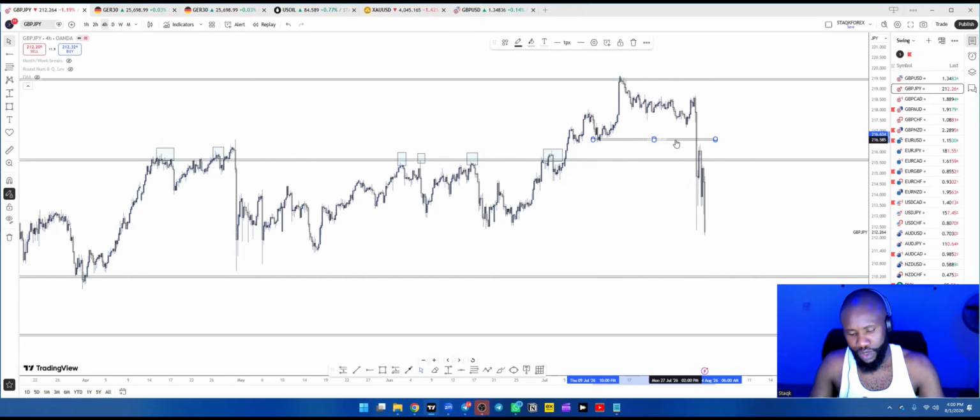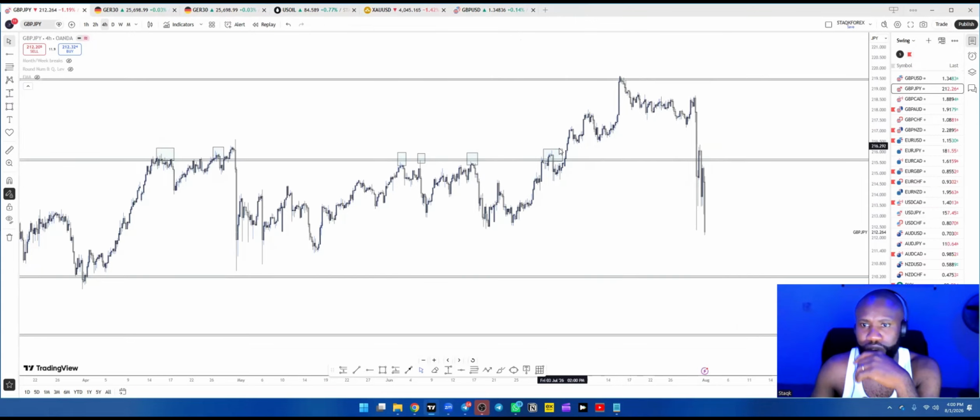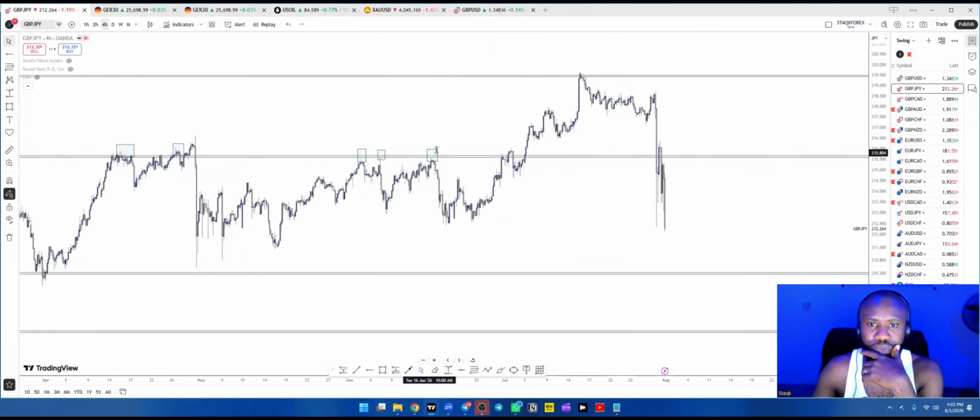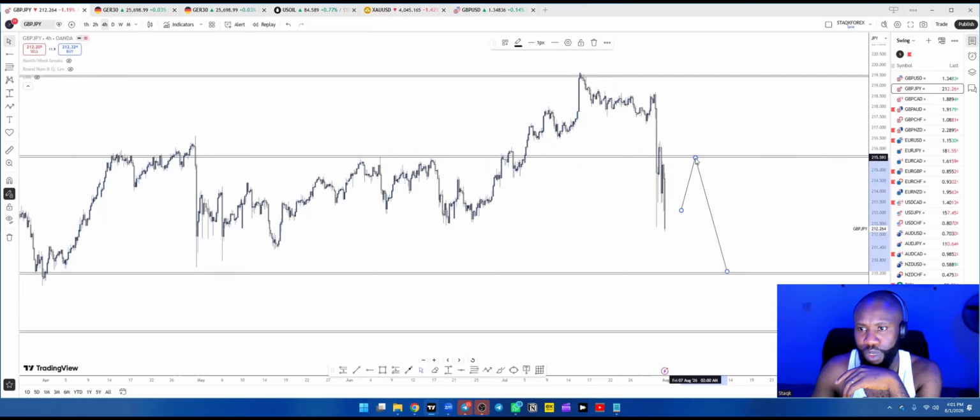So now what I'm expecting from GBPJPY is this. I'll be expecting a push back to this level, then down. Okay? So I'll be expecting a push back to this level.